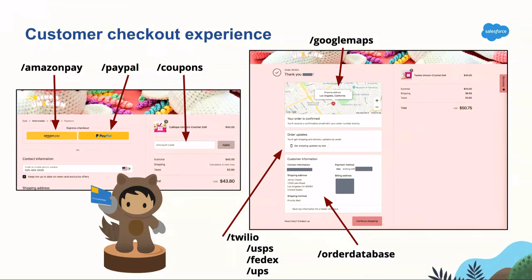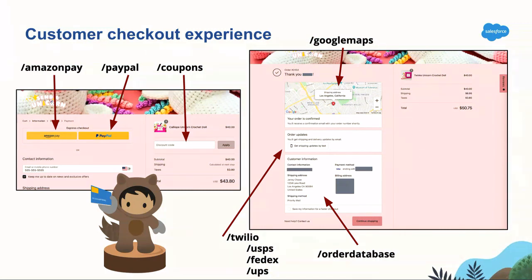And then when you actually submit your order, you're calling the Google Maps API with address information, so that they can display the correct map on the screen. And then for the order update, if you want to get order updates from Twilio via SMS of where your package is located in real time in the world, that API is connected with USPS, FedEx, UPS.